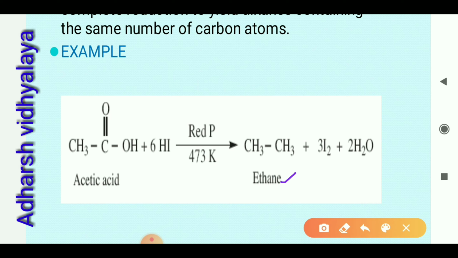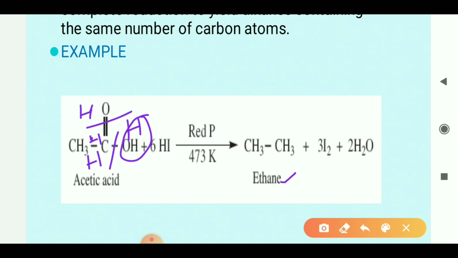First, the acid group is converted into aldehyde, acetaldehyde. Then acetaldehyde is converted into alcohol, ethyl alcohol, CH3CH2OH. Then the alcohol can be converted, with loss of a water molecule, into CH3CH3, ethane.